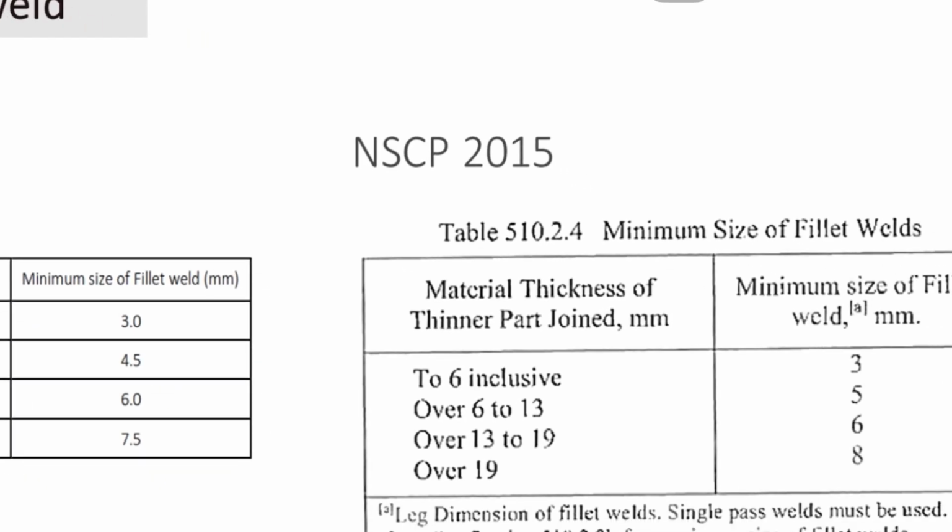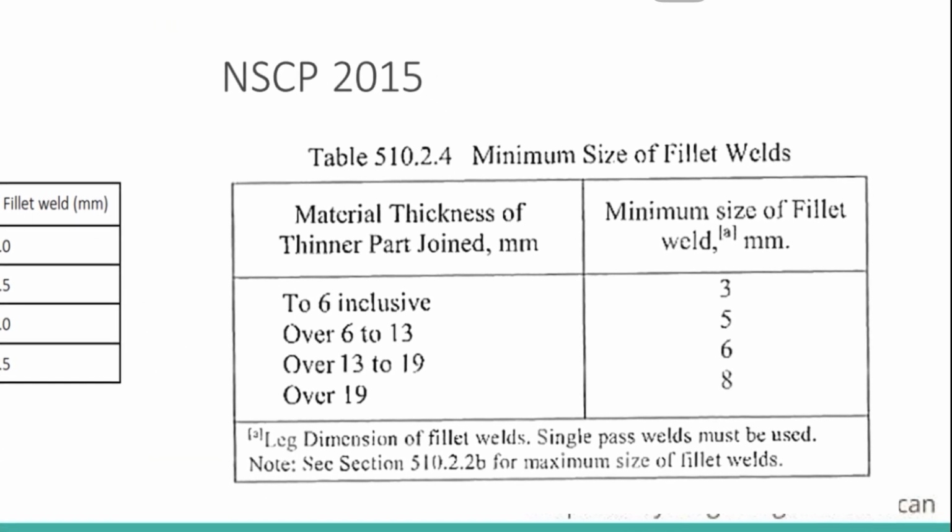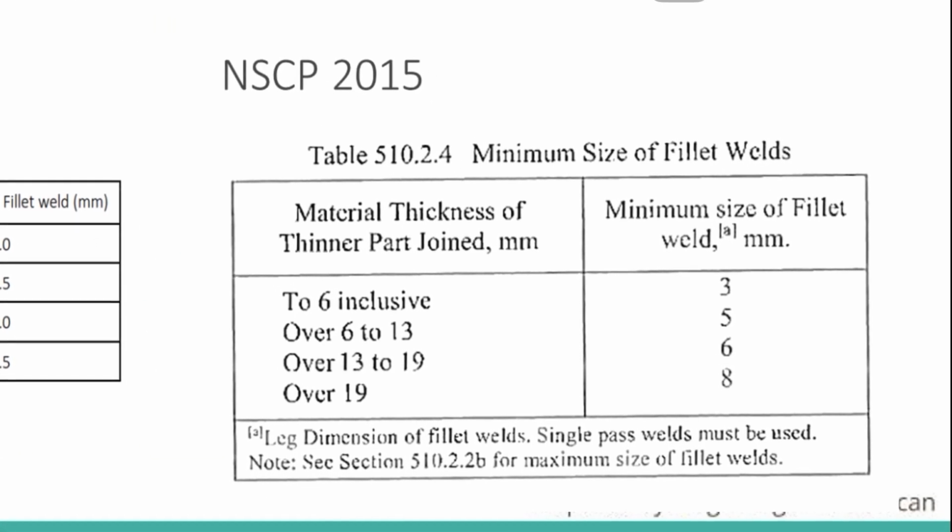But we're going to focus on NSCP 2015. So, sabi dito sa table, pag yung base plate mo has a thickness na mababa sa 6 or equal sa 6 mm, yung magiging minimum size niya is 3 mm.